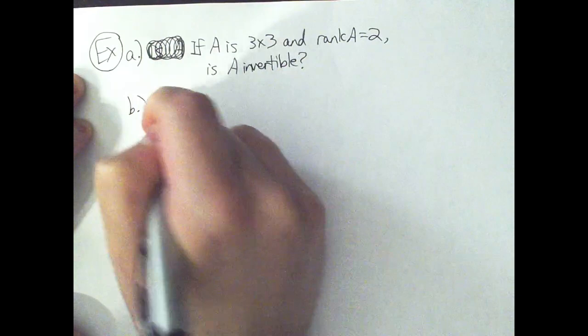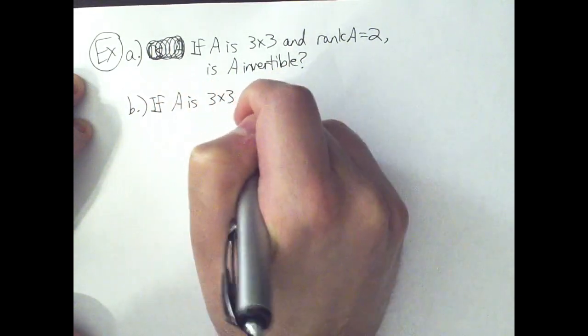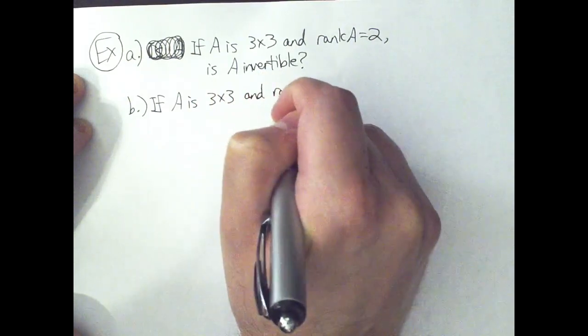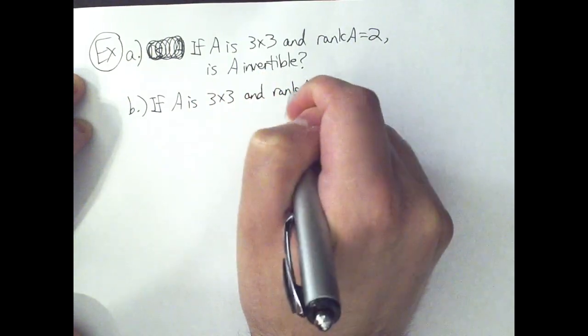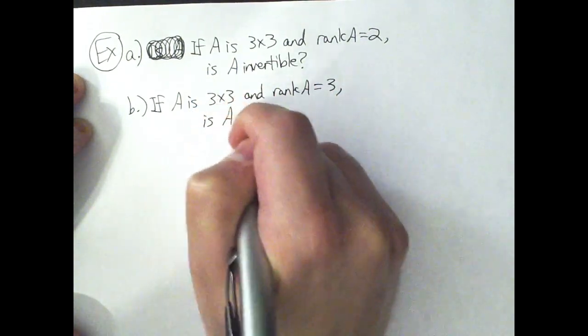Part B. If A is 3 by 3 and the rank of A is 3, is A invertible?